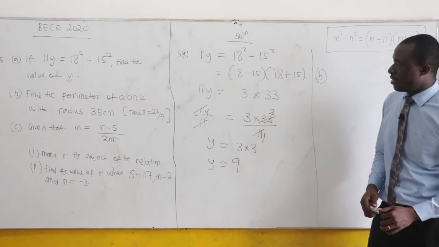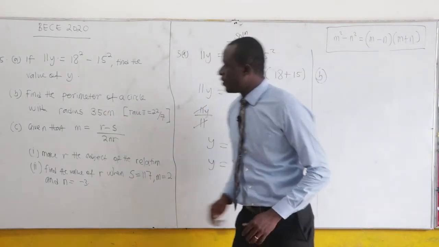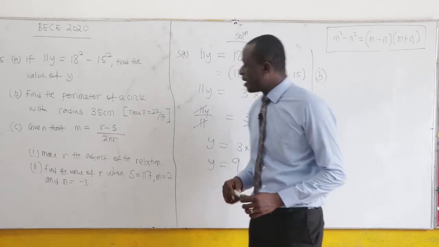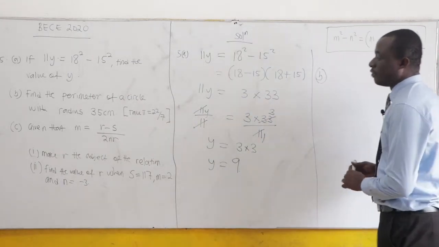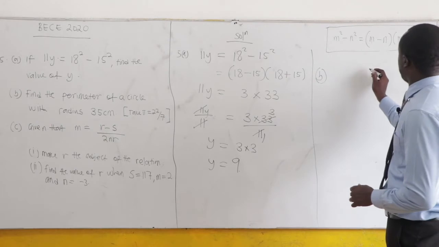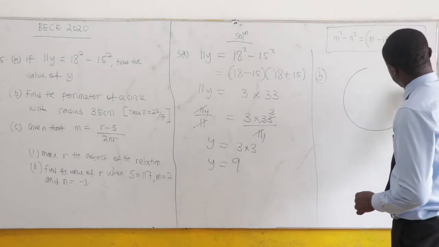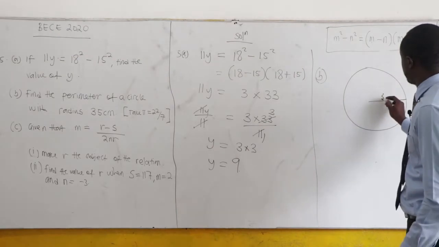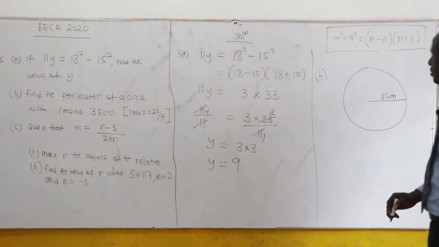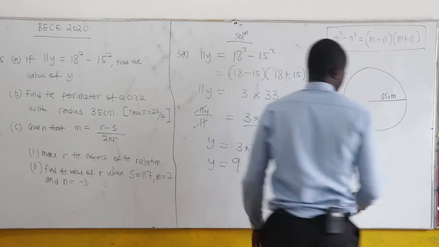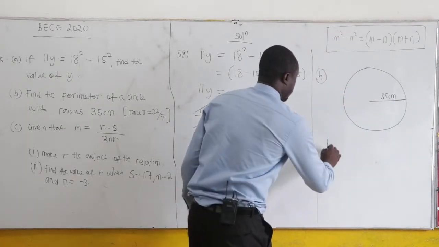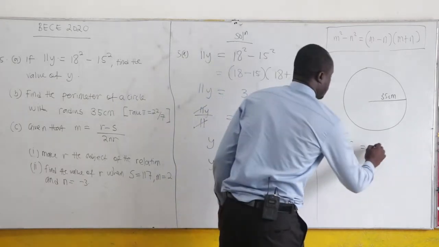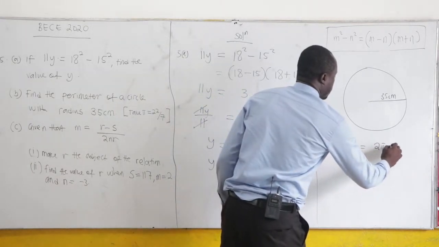Let's see the 5b. We should find the perimeter of a circle with radius 35 centimeters, and the pi is 22 over 7. Now we have a circle and then we have a radius. So the radius is 35 centimeters. We know that the perimeter of a circle is the same as the circumference of a circle, and this is giving us 2 pi r.